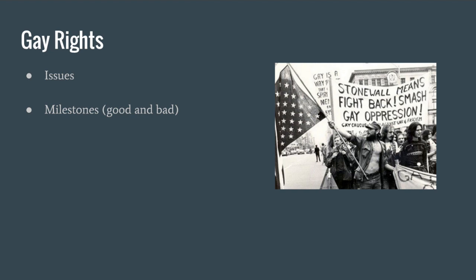So basically, if someone went after you and committed violence against you because you were gay or because you were transgender, it turned it into a hate crime, which can be prosecuted with extra penalties. This is named for Matthew Shepard, who was tortured and murdered in Wyoming in 1998 because of his sexual orientation. He was a young man.